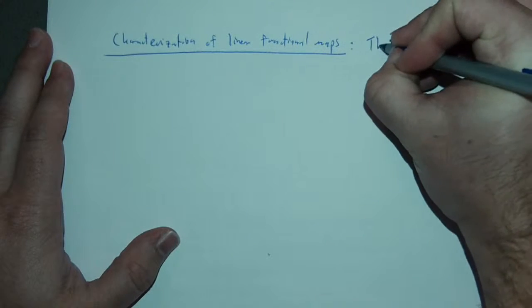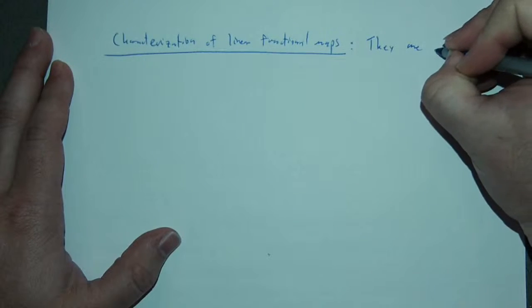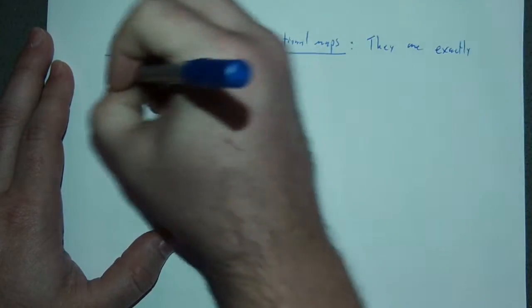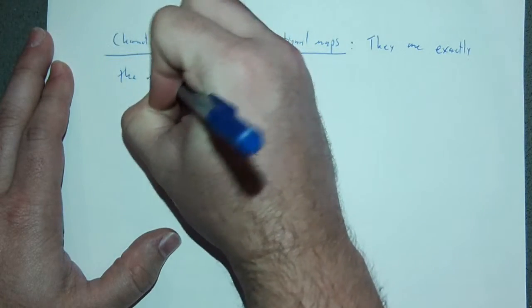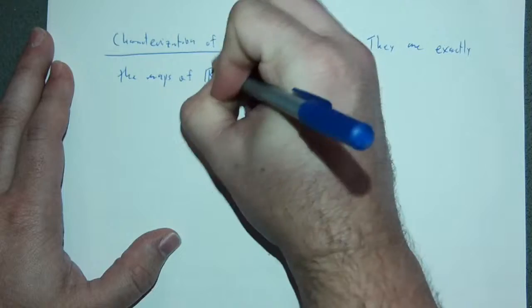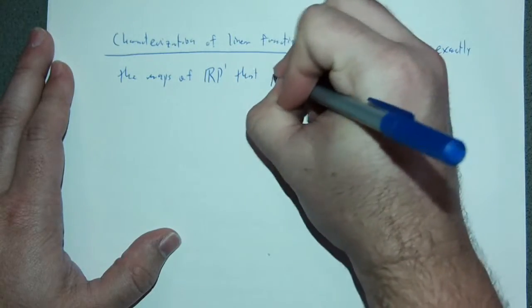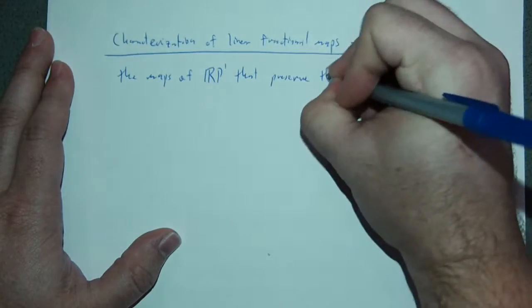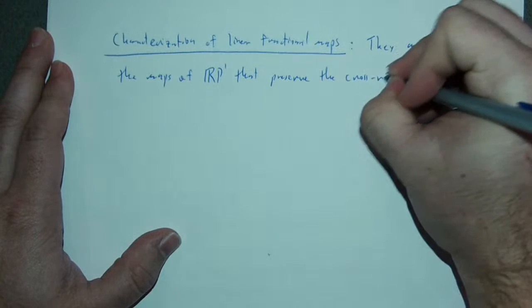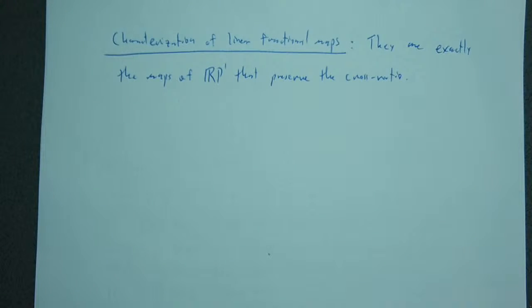So they are exactly the maps of RP1 that preserve the cross ratio. So what this means is, just to repeat what I just said, if instead I started with the cross ratio and I said, you know what, I just love the cross ratio, I love how it works, and I'm going to define this to be my fundamental quantity that I care about.